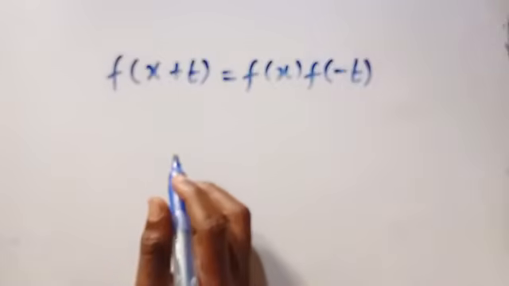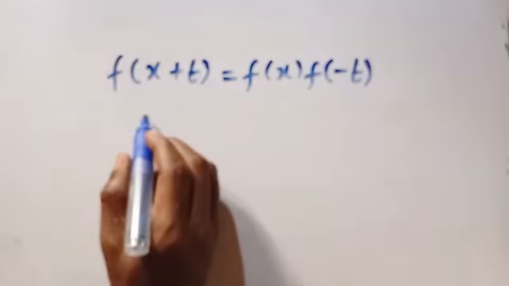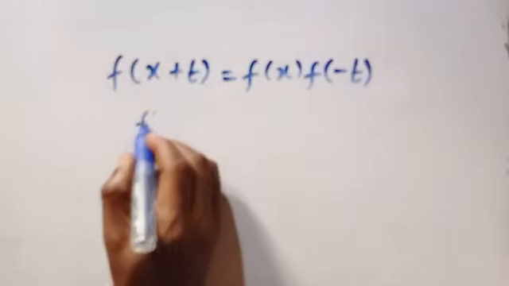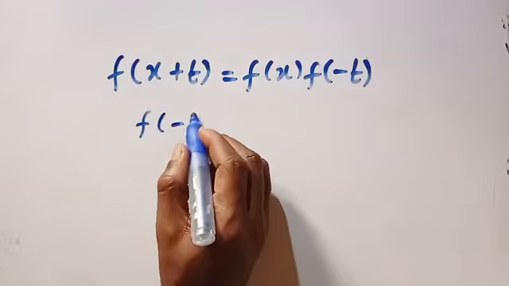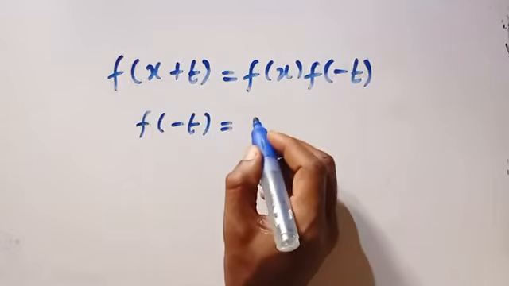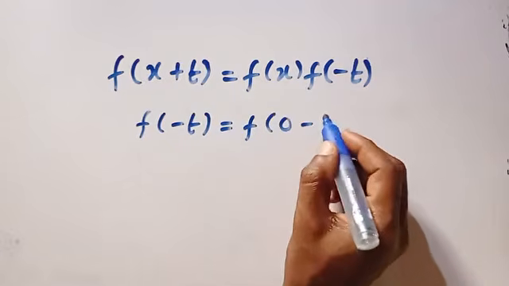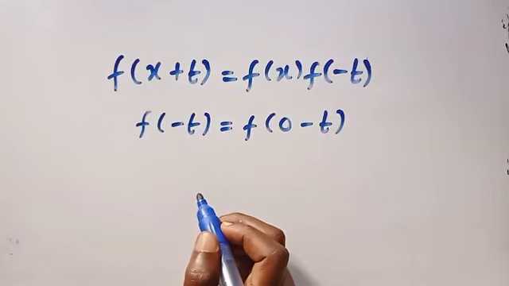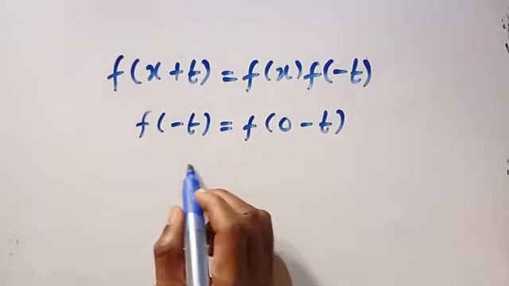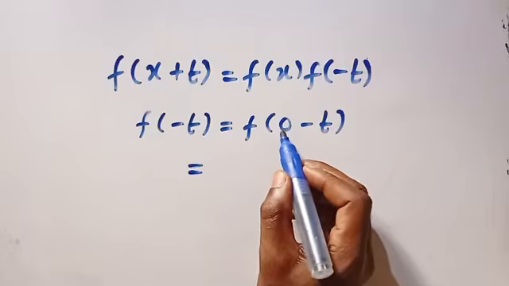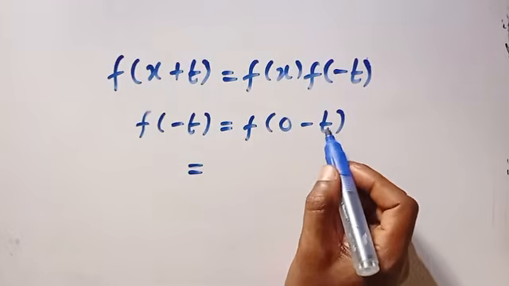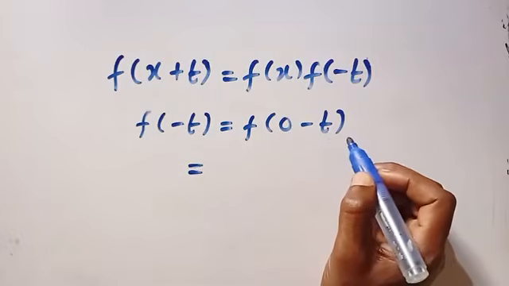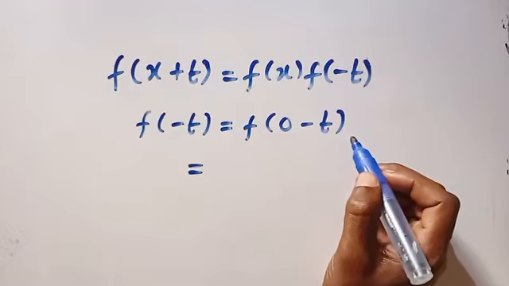Now suppose we have f of minus t, which equals f of 0 minus t. This is still the same thing, and this also equals f of x minus t. What we're given before is f of x minus y equals f of x f of y.